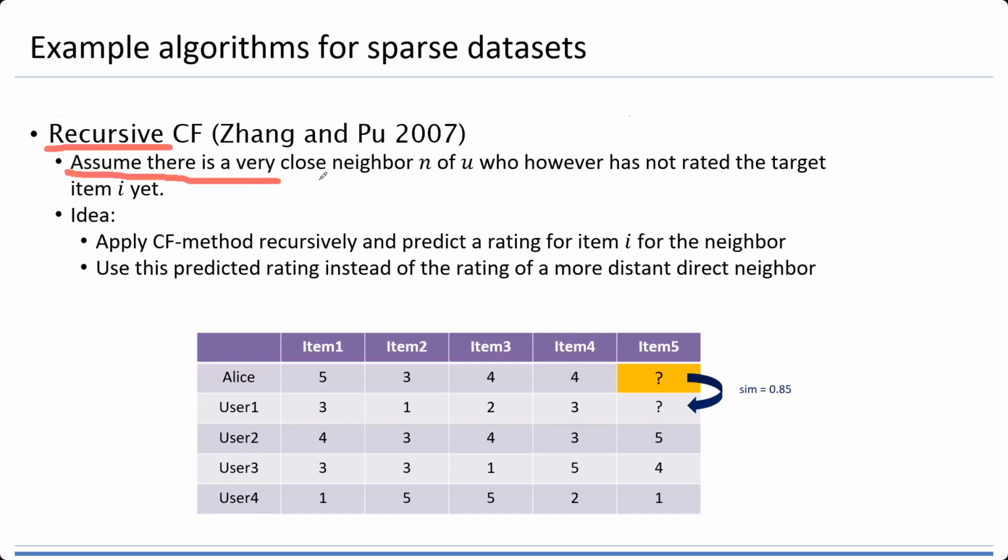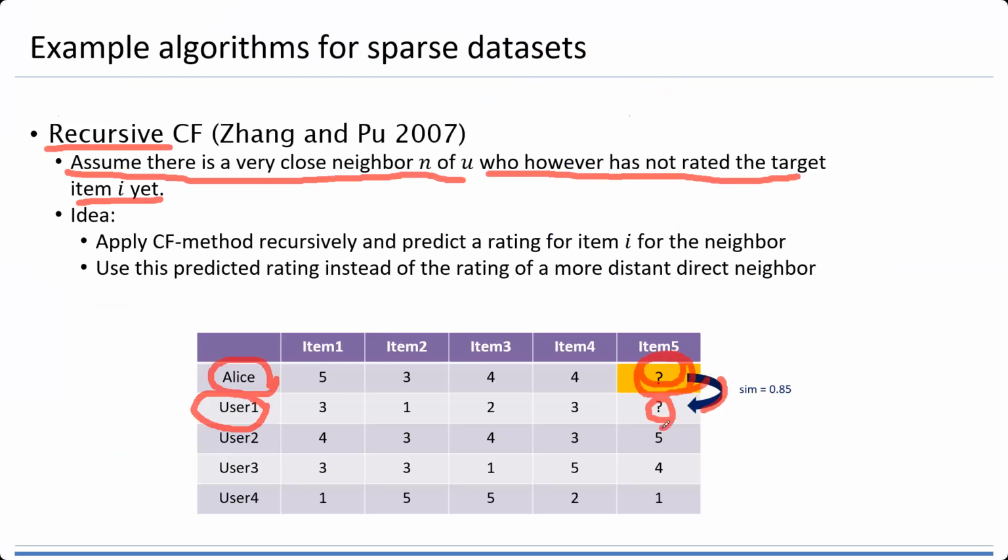Assume there is a very close neighbor n of you who, however, has not rated the target item yet. I want to predict the rating for item 5 of Alice, and I know that Alice and user 1 are very similar in behavior. If I can predict item 5 of Alice, I can use the same way to predict item 5 of user 1.